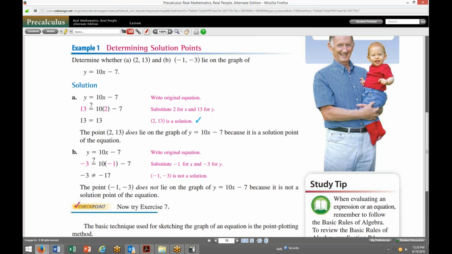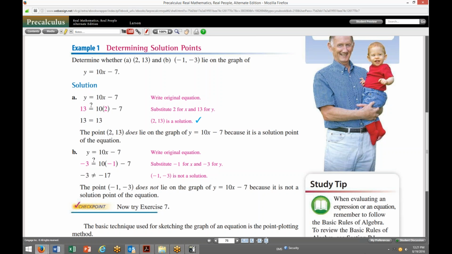Again, the point is that we ended up with a statement that is not true. There's nothing special about the numbers -3 and -17. The point is they are different numbers, so they are not equal. It's not a true statement to say that they're equal, and that was forced upon us by plugging in -1 for x and -3 for y.